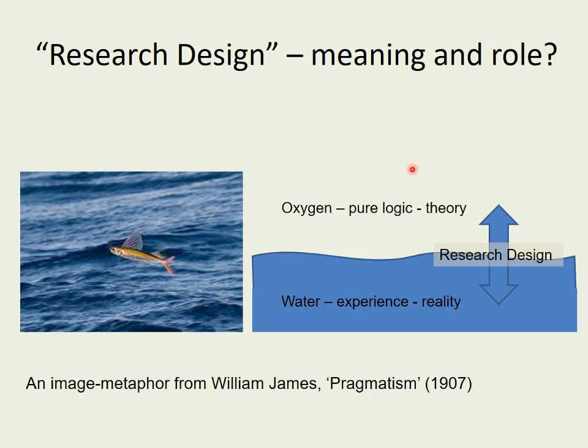But he says that most of the things we study in real life, all these things like logic and theory and argument, they're used and they have a role to play, but they're mixed in with reality. So just as for a fish, the oxygen that a fish needs to breathe is mixed in with all the other elements, the things it needs to survive in the water. So James's argument was that the way that we use arguments and ideas in practice is mixed in with our everyday experience of getting through life and getting things done.